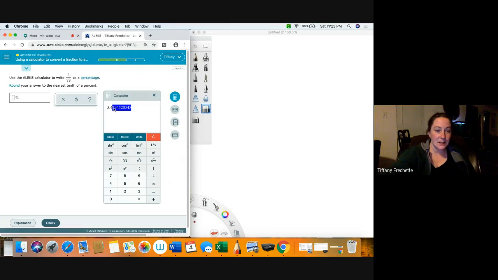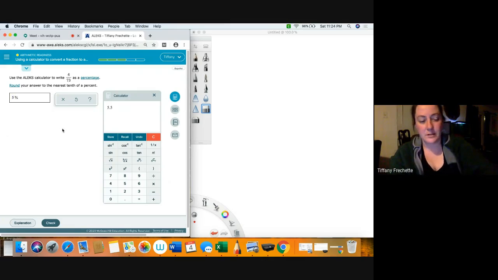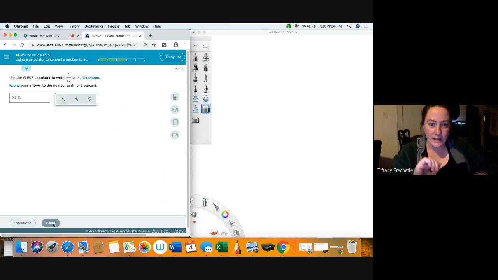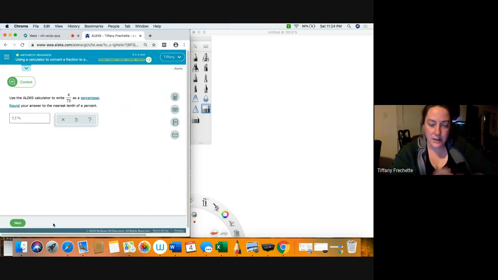So it still all disappears, but it also makes this 4 go up to 5. So it rounds that 4 up to the next number, because what we're saying is those decimals were closer to the next tenth, which is 5, than the 4 that was currently there. So go ahead and check this one. Ta-da! All right, another topic down.